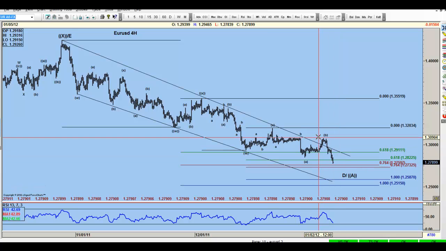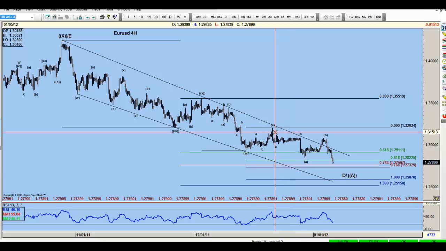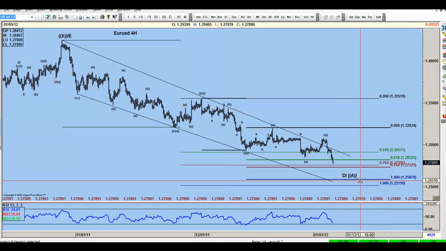So, like I say, we don't know yet if this is a 3 wave and a low in price, or this is just the first leg with a correction back, test the channel at 129 and another leg down. These 2 legs, if you measure W to X, they're going to be equal at 125.87.